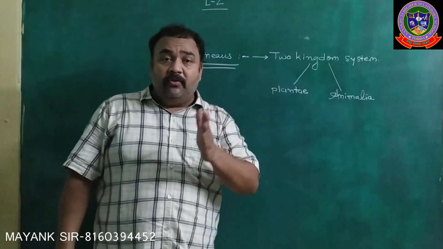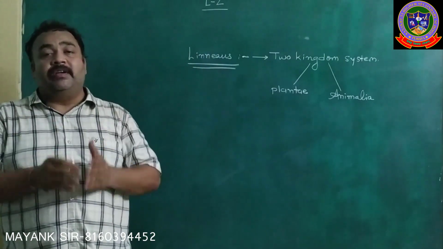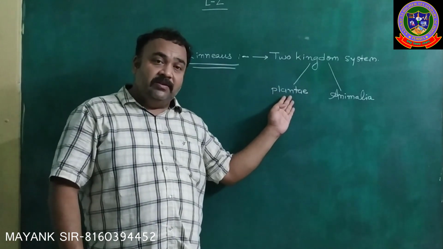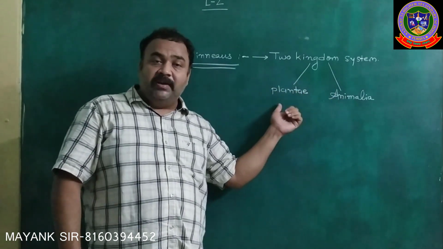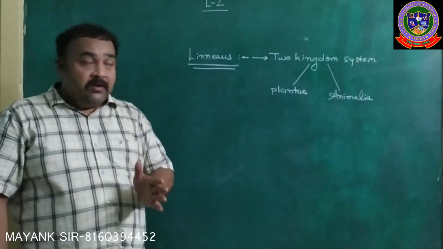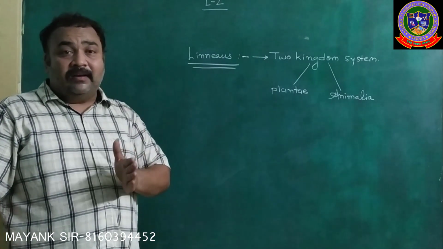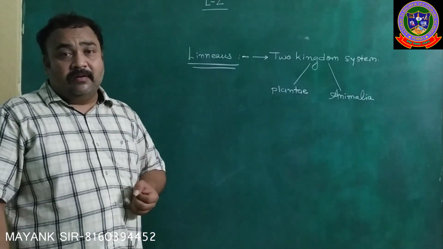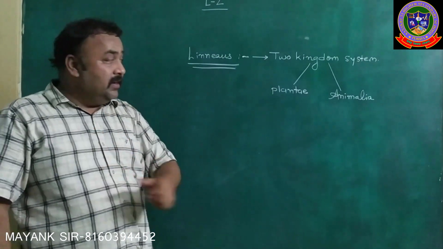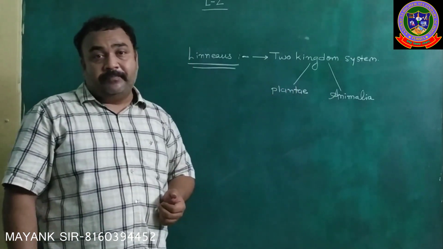So all the living organisms of the world were grouped into two kingdoms, either plants or animals, either Plantae or Animalia. But see, he did not take some of the characters into consideration for grouping the organisms.